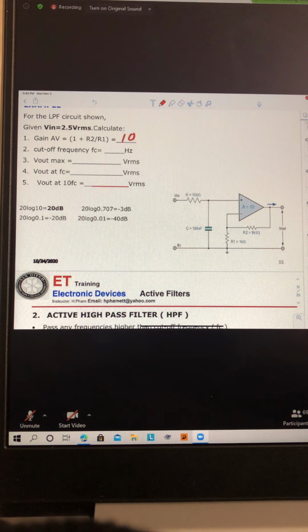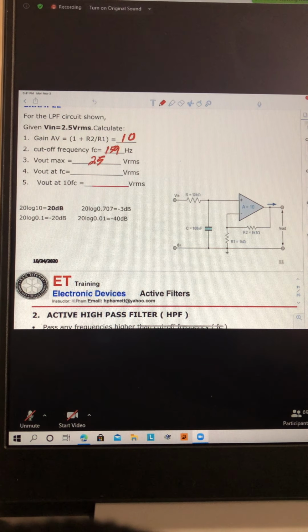Cutoff frequency, 1 over 2 pi RC, is 159. What's the VL maximum? You want VL maximum, you take the input times the gain. Is it right?